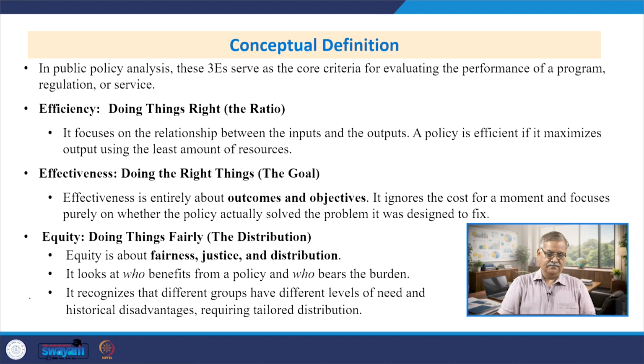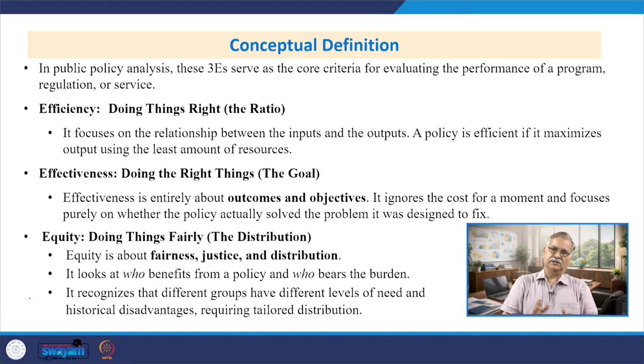It means doing things right, and effectiveness means doing the right things. Here, instead of thinking in terms of ratios, the focus is on the goal of the policy. Whether a policy is able to achieve the intended goal is related to effectiveness.